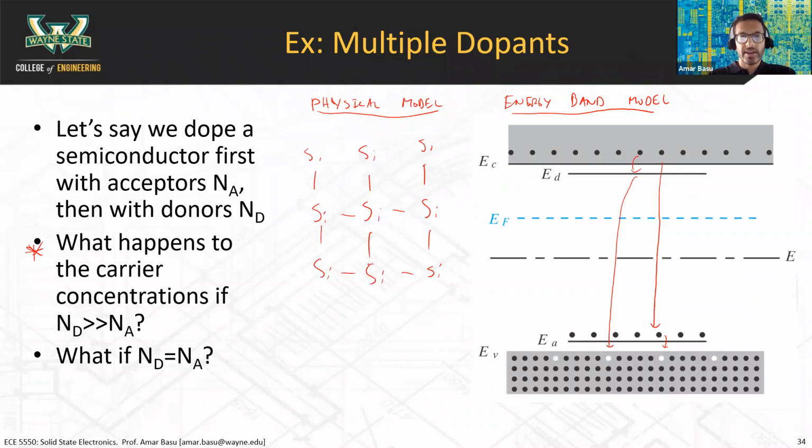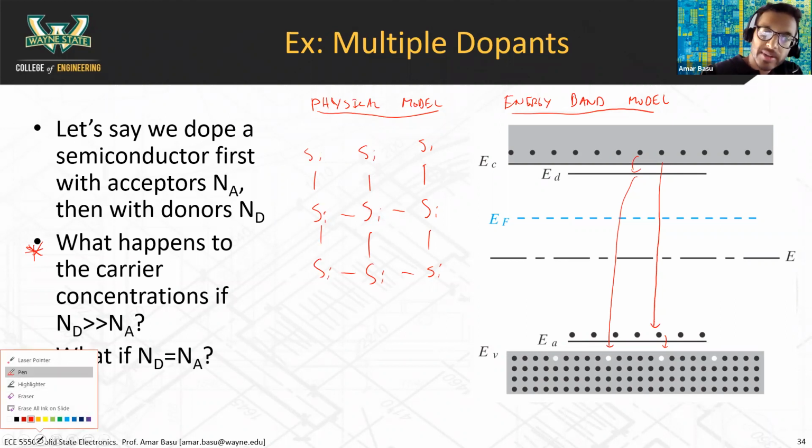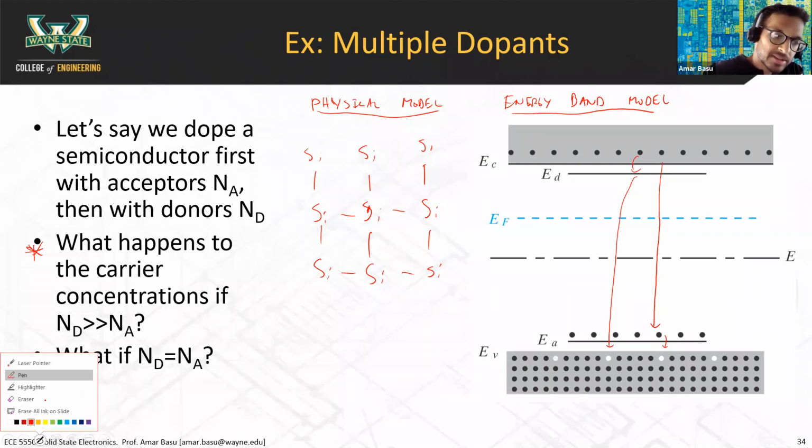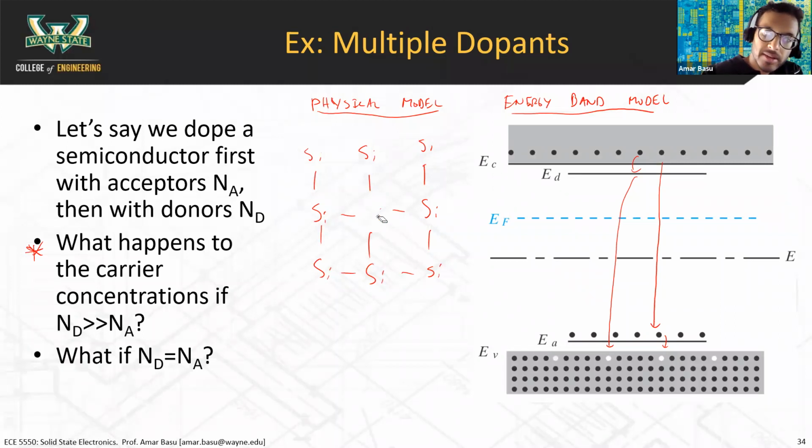So let's say I first dope it with acceptors. So doping it with acceptors means I'm going to take out this silicon, replace it with a column 3 element, so with boron. And the result of boron, because it has one less electron, it will create an incomplete bond or an empty state. So there's a hole here.